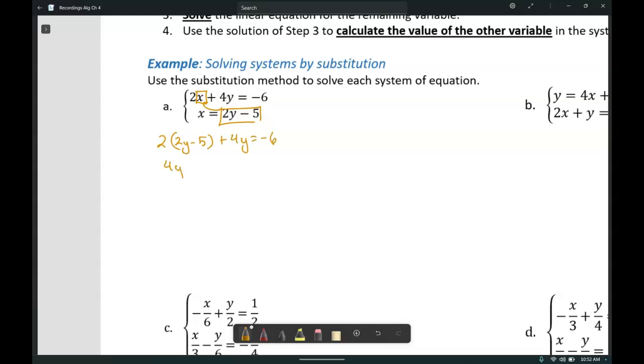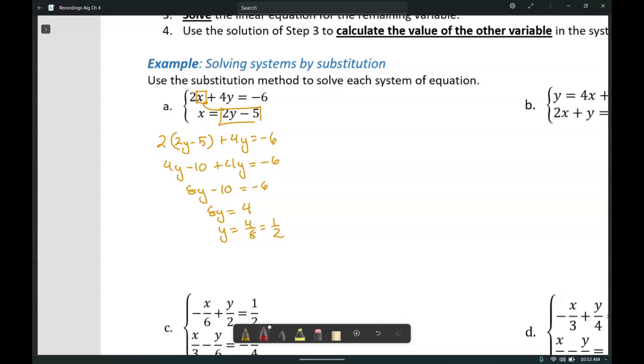From here we simplify. And we have the value for one coordinate of our ordered pair. We know that y has to equal 1/2.